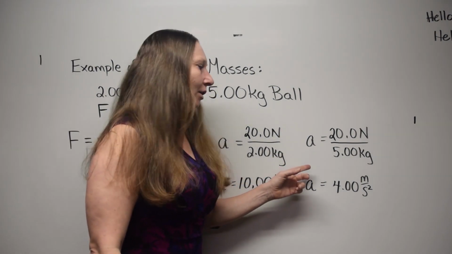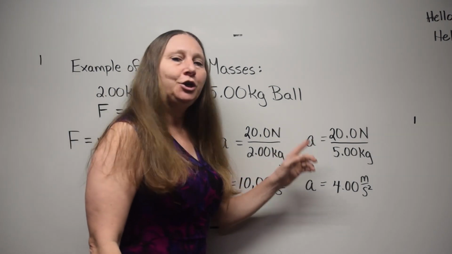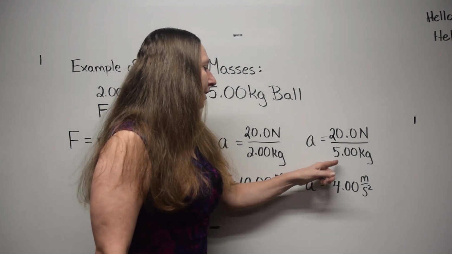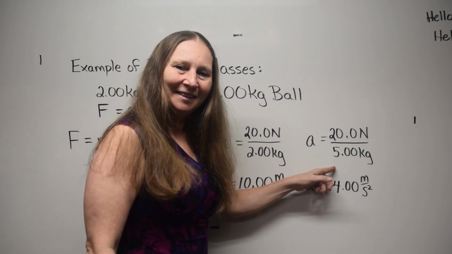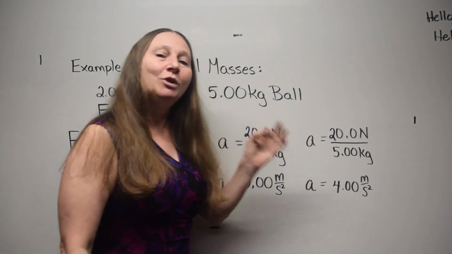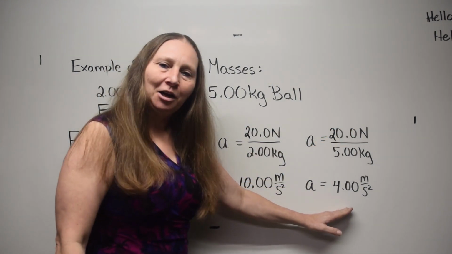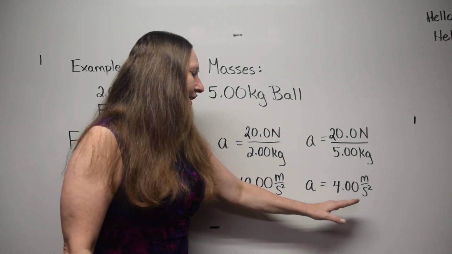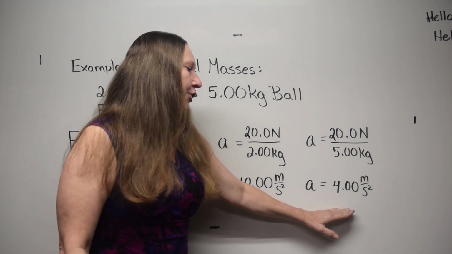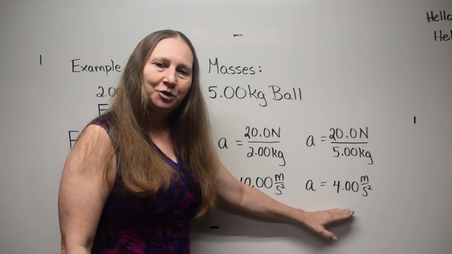The second ball gets the same 20 Newton force, but its mass is greater. So it has a greater resistance to accelerating. It doesn't accelerate as much. The acceleration of the second ball is only 4 meters per second squared.